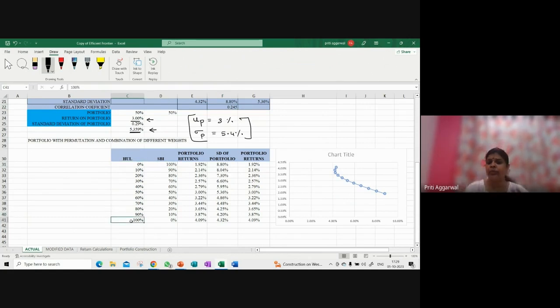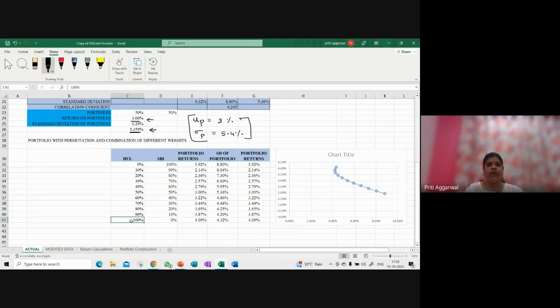So what I'm doing is changing the weight of my investments in either of the two securities, and trying to figure out which can be the best portfolios for me. As I have already shown you, the portfolios which have the least risk but give me a good return are the preferred portfolios, right?